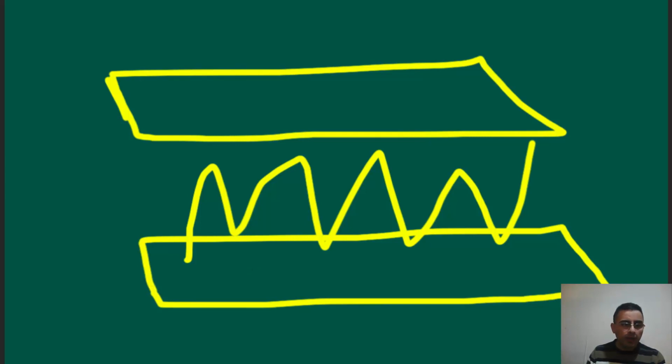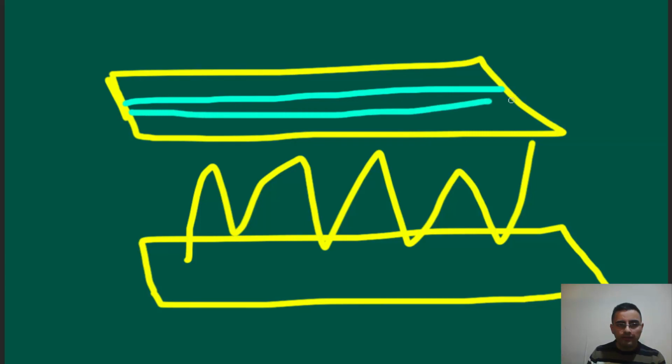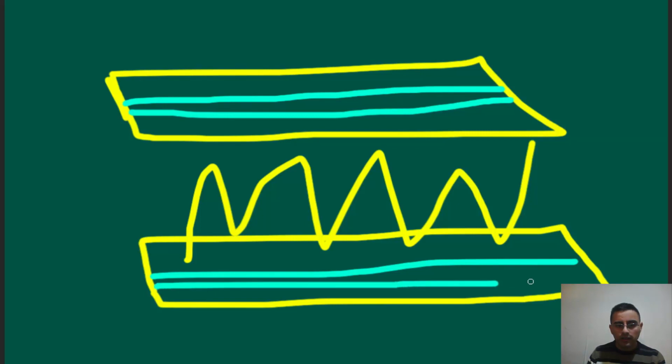And here at the bottom and at the top, let's do it with a different color. Here are microfilaments, at the bottom and at the top of the cell. These are microfilaments.